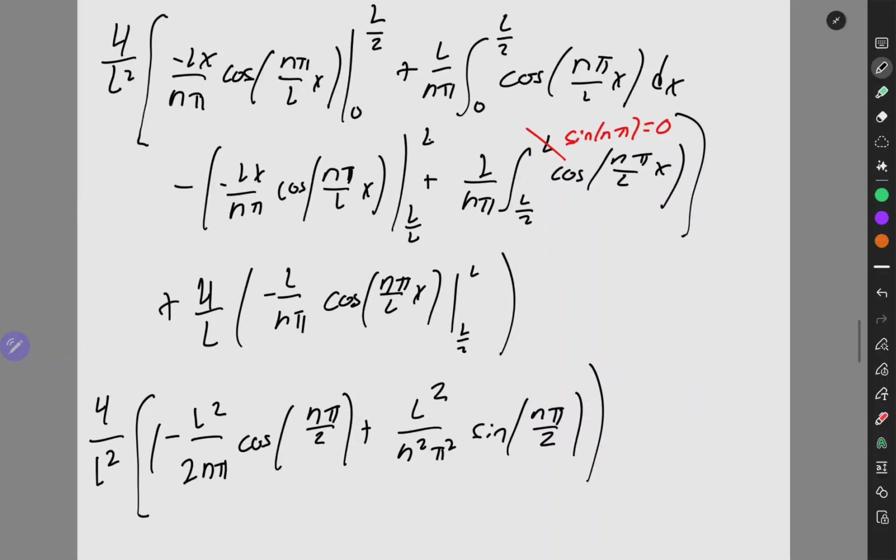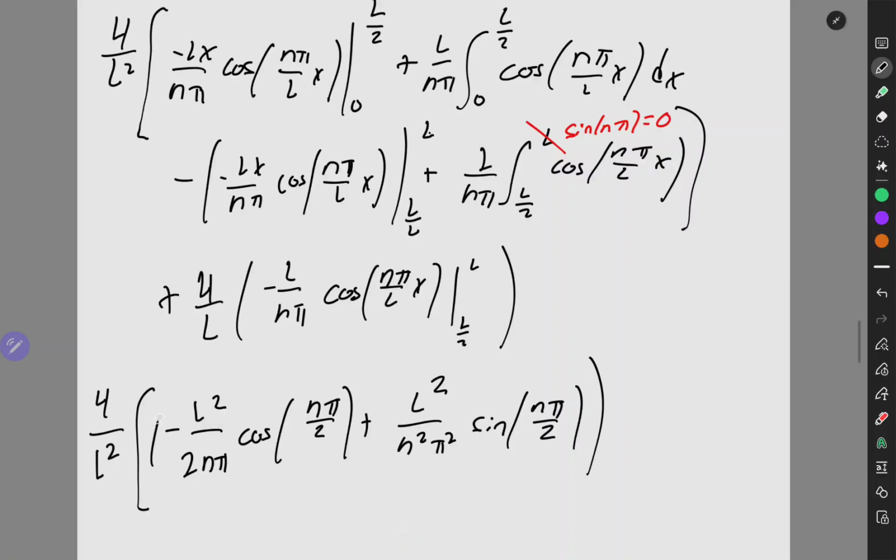Right? Because we have L squared over 2. Bam, bam. Plus, and then, if you make that 0, did I forget that term? Cosine of 0 is 1. Oh, the x there makes it 0, so then that's it. Yep, we're good. So then plus L over n pi.